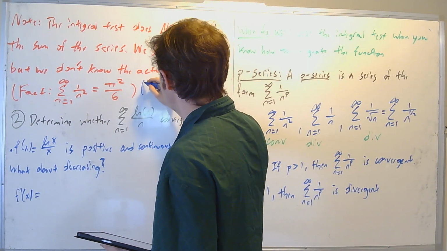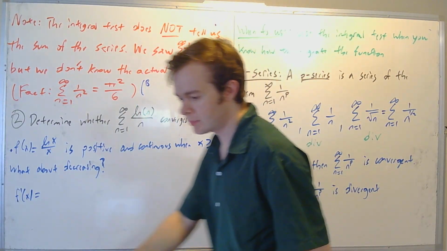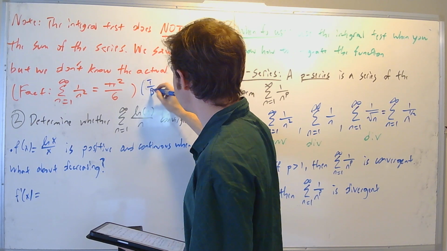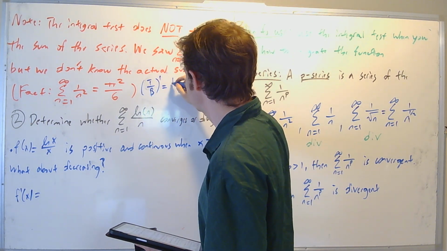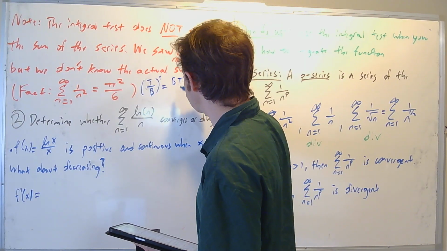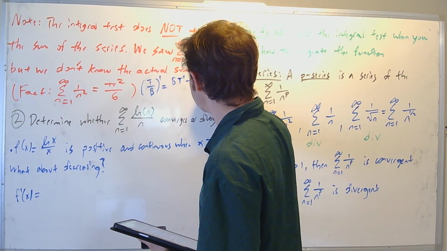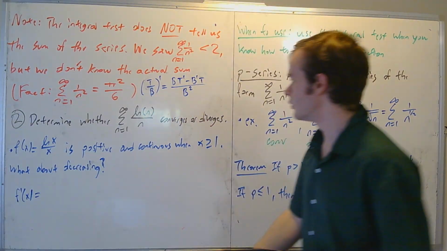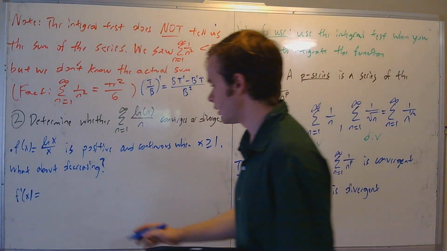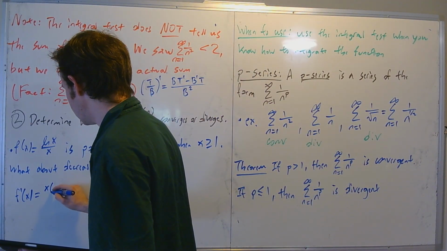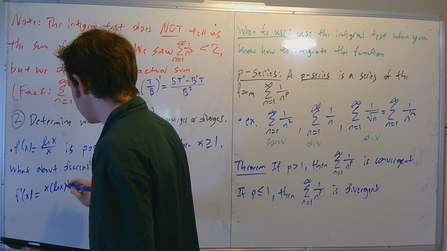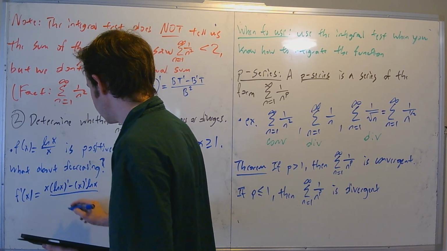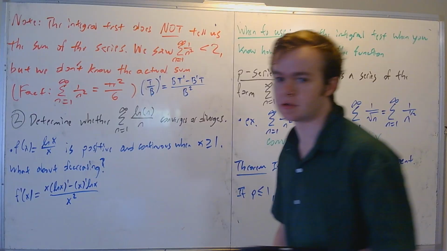If we have a top function over a bottom function, then the way we take the derivative is by taking the bottom function times the derivative of the top function, minus the derivative of the bottom function times the top function, over the bottom function squared. So that's how we take our derivative.